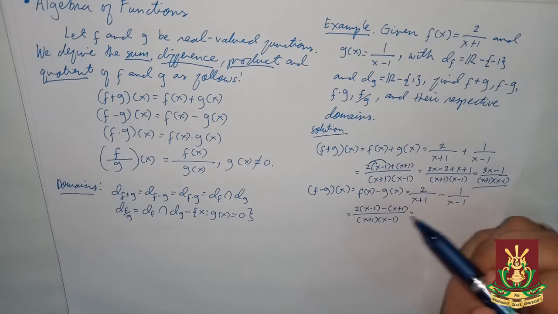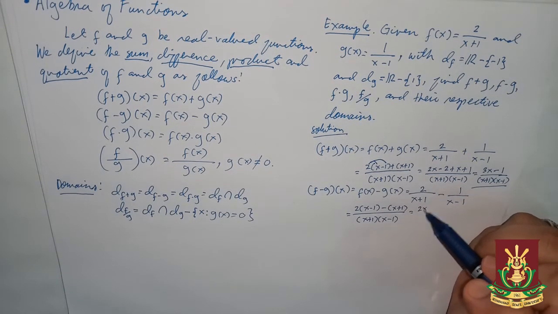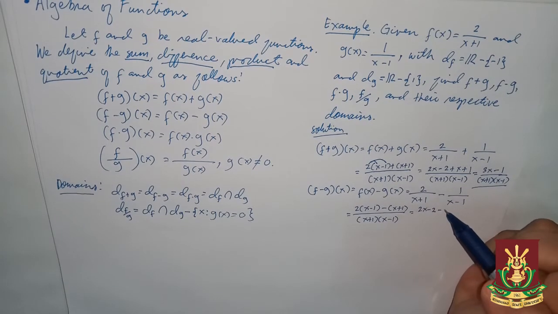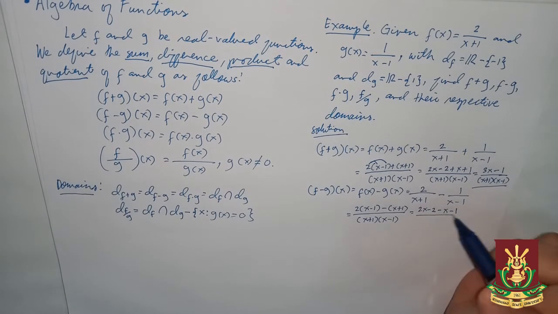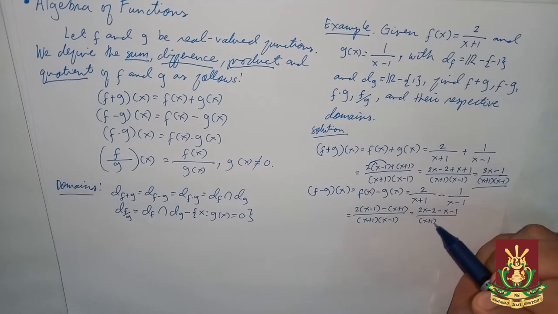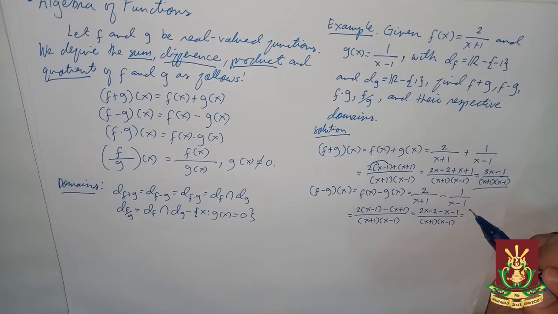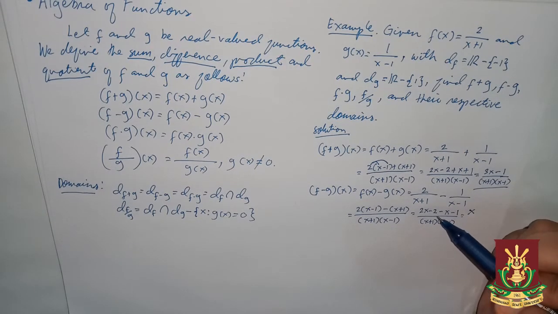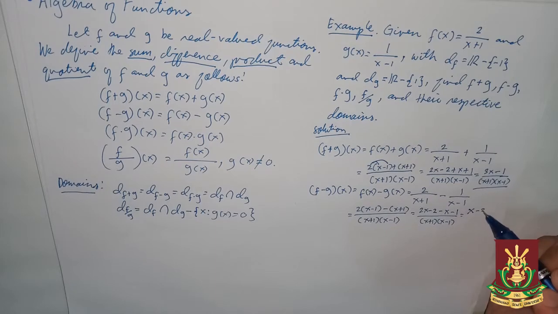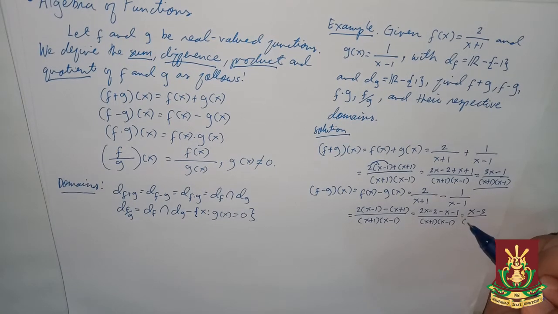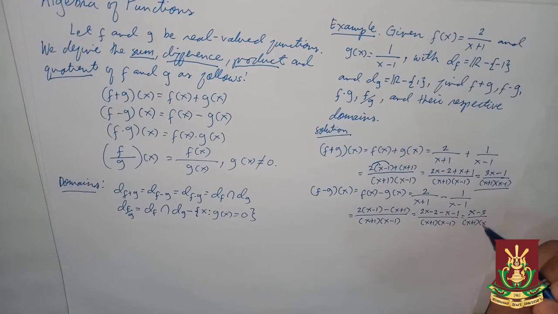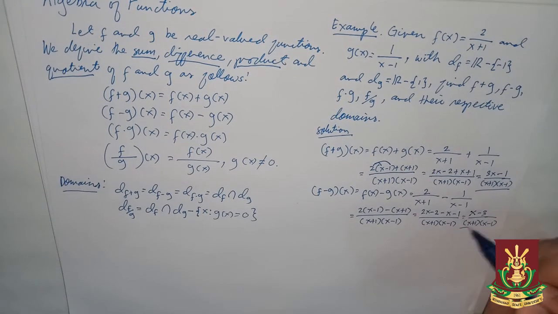By distributive property, we will have 2x minus 2 minus x minus 1 all over the quantity x plus 1 times the quantity x minus 1. Combining like terms in the numerator, we will have 2x minus x, which is x, minus 3 all over the quantity x plus 1 times the quantity x minus 1. This is our difference.